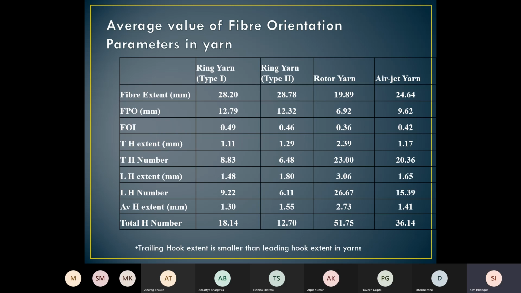This is a fact. So higher spindle speed is giving me lower strength, but higher spindle speed is giving me higher packing density and higher spinning coefficient in comparison to lower spindle speed.